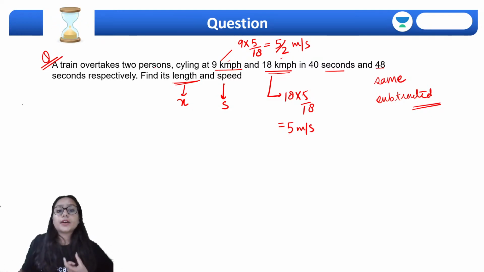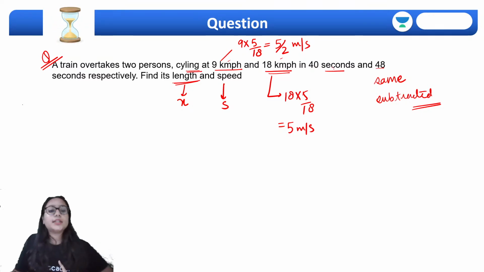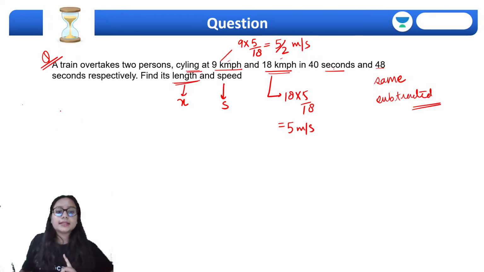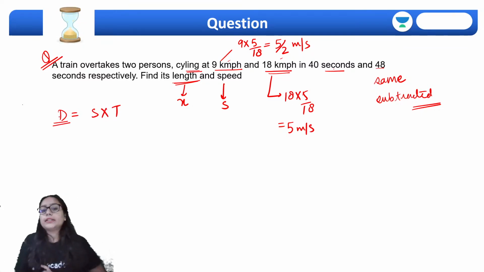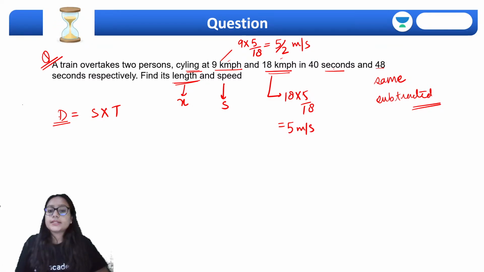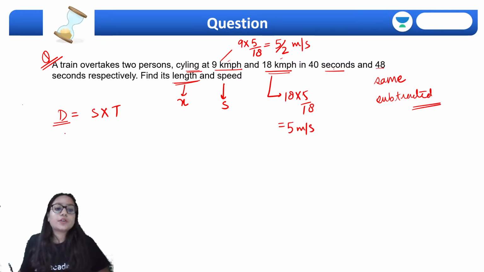Now let's see, the train overtakes this cyclist in 40 seconds. So I can say that the distance is equal to speed into time. What is the distance covered when the train overtakes a cyclist? So distance in this case is equal to length of the train. So therefore this is x.